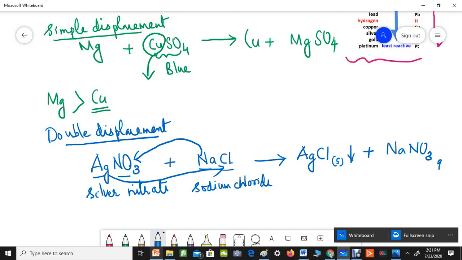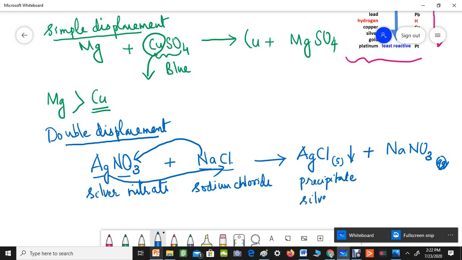Sodium nitrate is actually dissolving in water, so I am writing aqueous over here. But in the case of silver chloride, it is insoluble in water, so it will be obtained as a residue. So we can write this as a precipitate. So this is a precipitation reaction also.